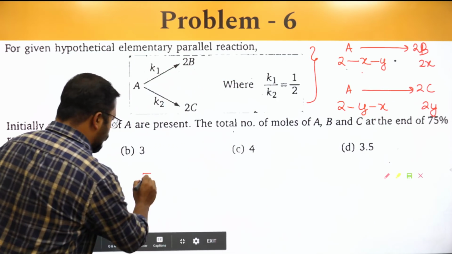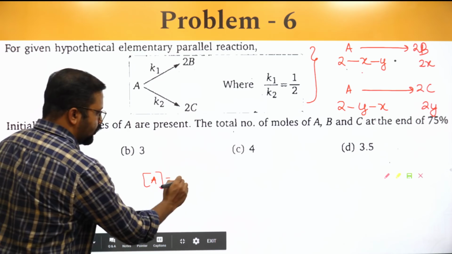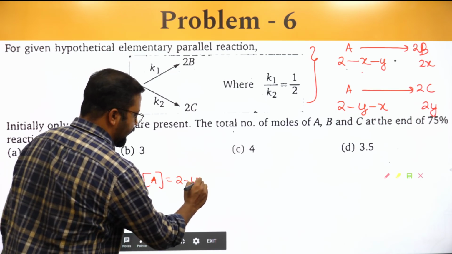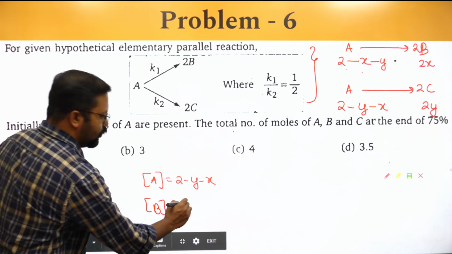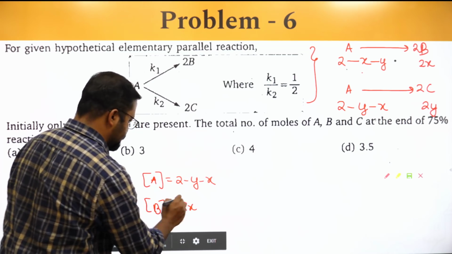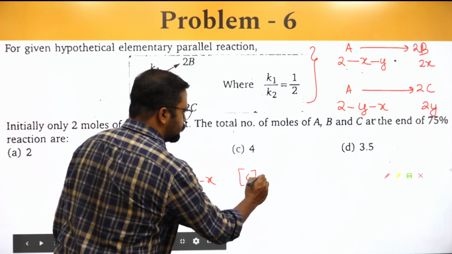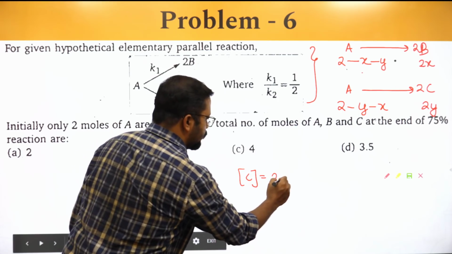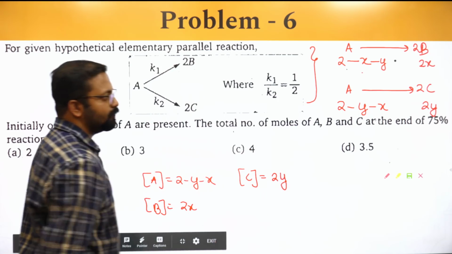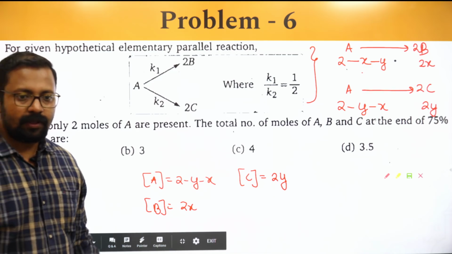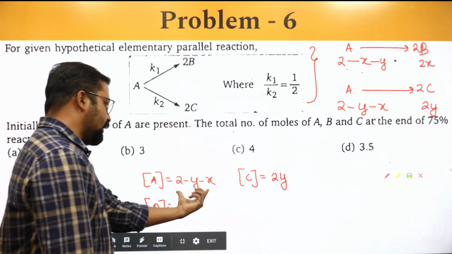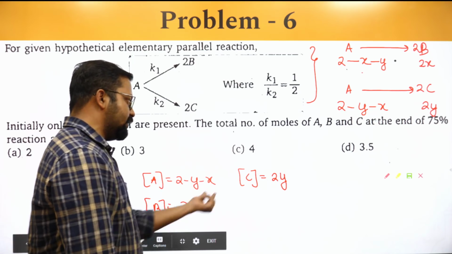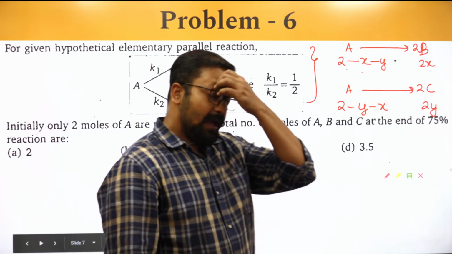So the amount of A will be 2 minus Y minus X. Amount of B will be 2X. Amount of C will be 2Y.